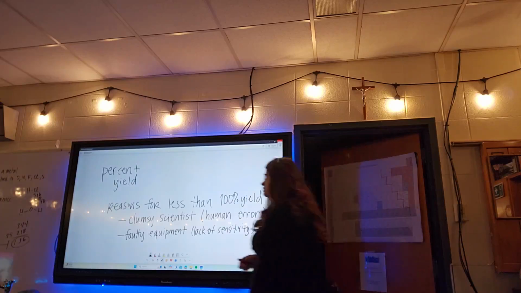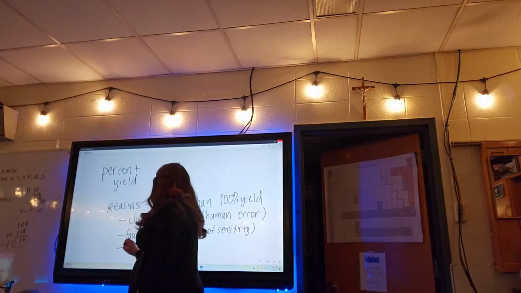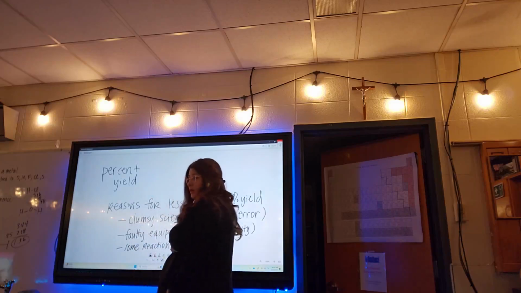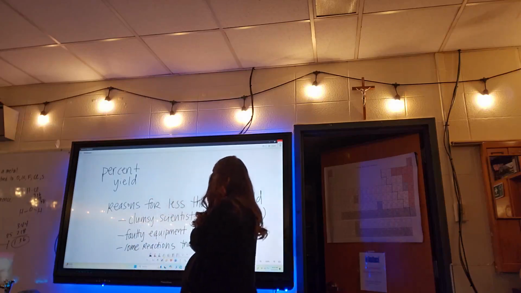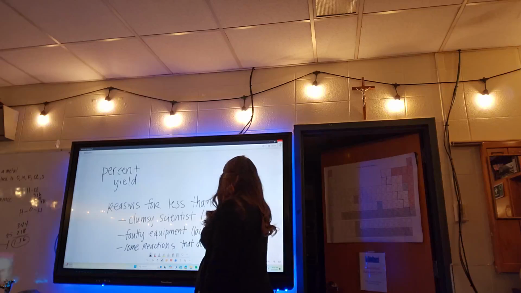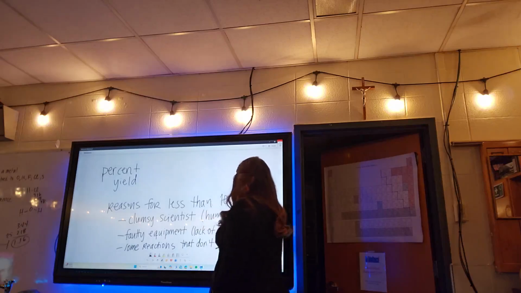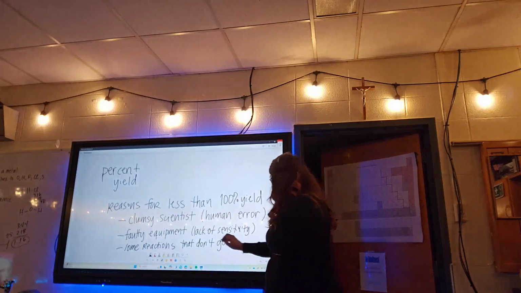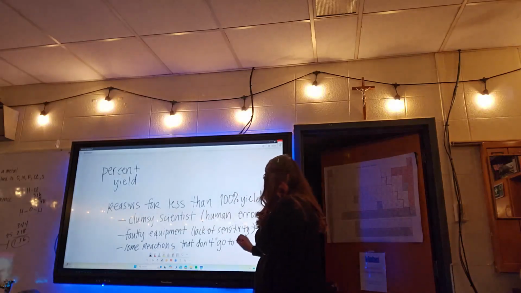And then there are just some chemical reactions that don't react all the way. And the way that we refer to that in chemistry is they don't go to completion.